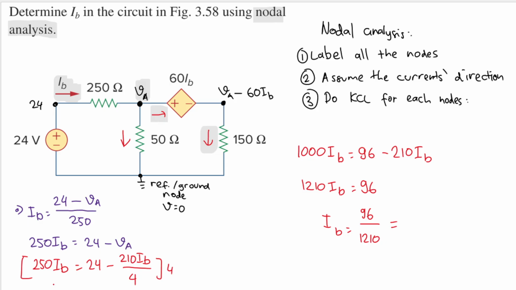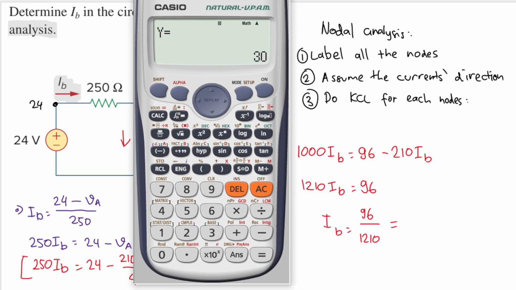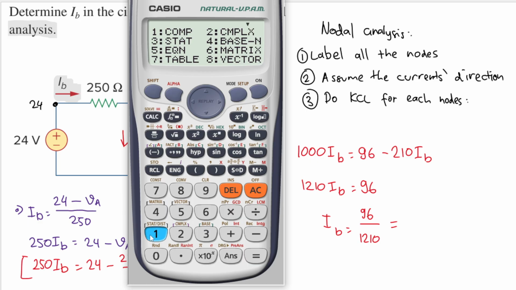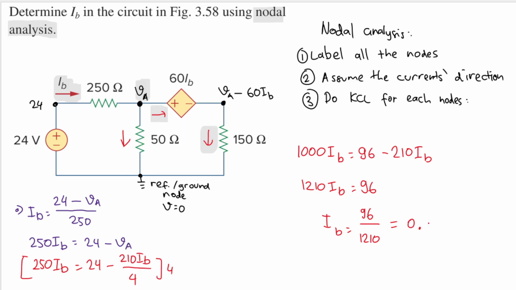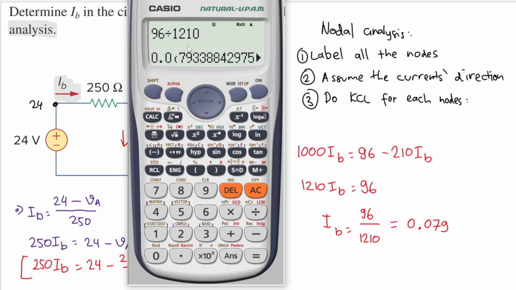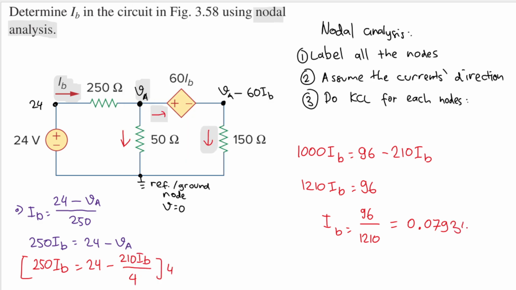Let's calculate that. 96 divided by 1210, and we need the decimal value. We will have 0.079, 33 or 34, and the unit here is ampere.